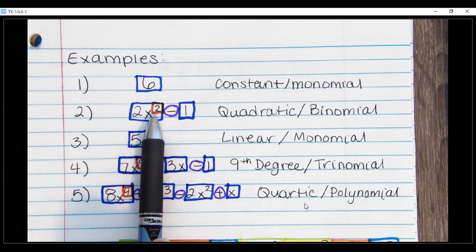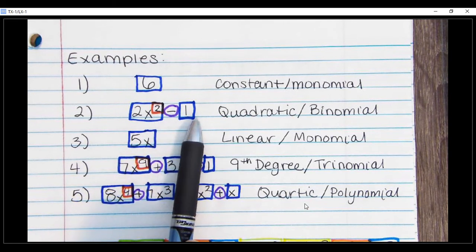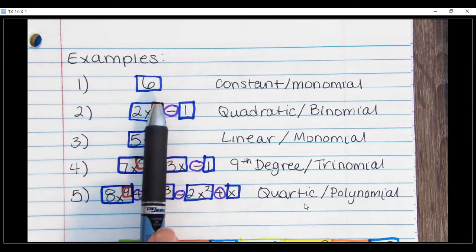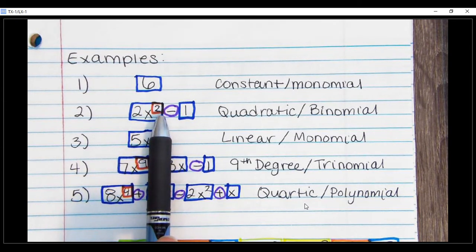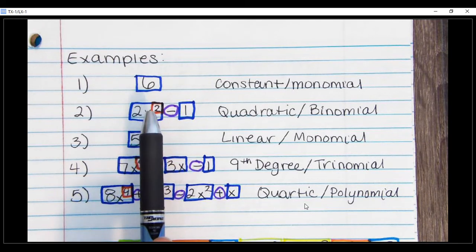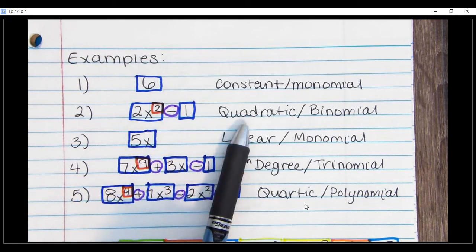Let's take a look at the next one. So 2, we have 2x squared minus 1. So the first thing we want to look at is the degree. So we have a degree in this one, and that degree is 2. That's the only degree that we see on there, but it's also the largest, and that's really what we're looking for. So since it's a number of 2, we're going to call it a quadratic.